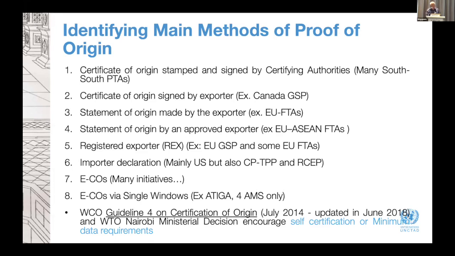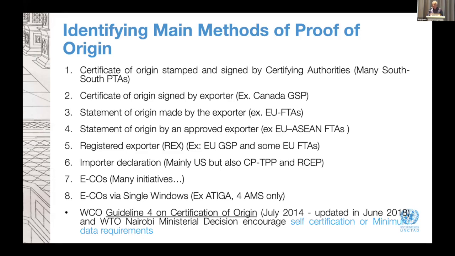Another way to certify rules of origin is that the certificate of origin is signed by the exporter. So you don't need customs to stamp the certificate of origin. That, for instance, is used by Canada in the GSP scheme. Then we have another school of thought, where there is a statement of origin which is self-certification.